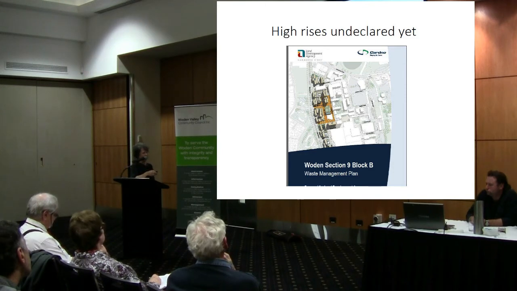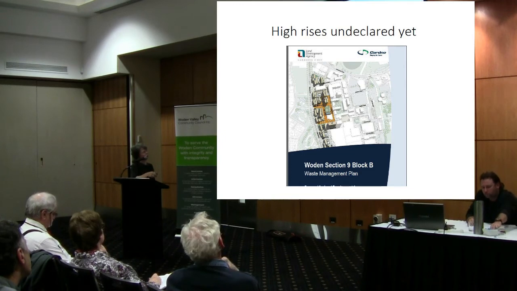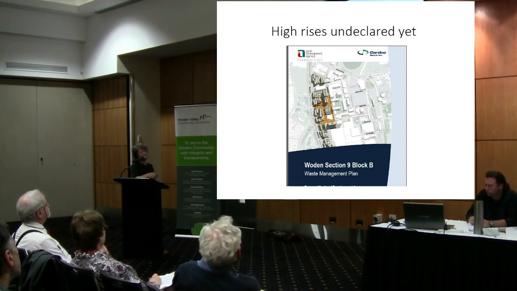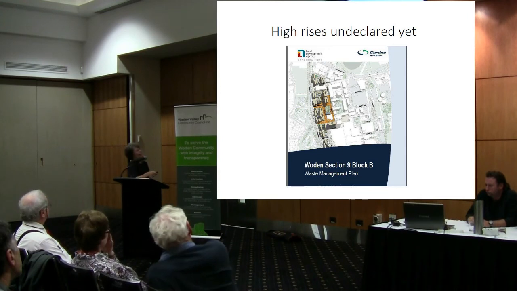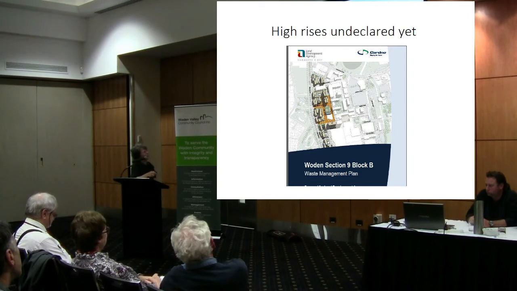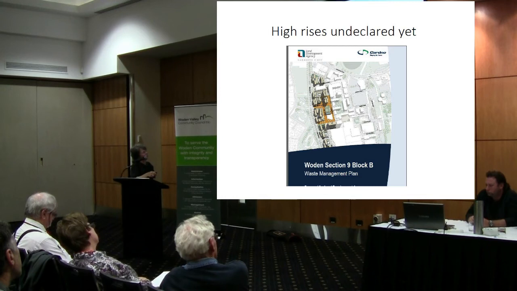This is taken out of the Woden Section 9 presentation or submission to ACTPLA that was probably inadvertently put on the site as a waste management plan, covered up. So these are the high rises here that really show that there is absolutely no thought about any relationship between one or the other.